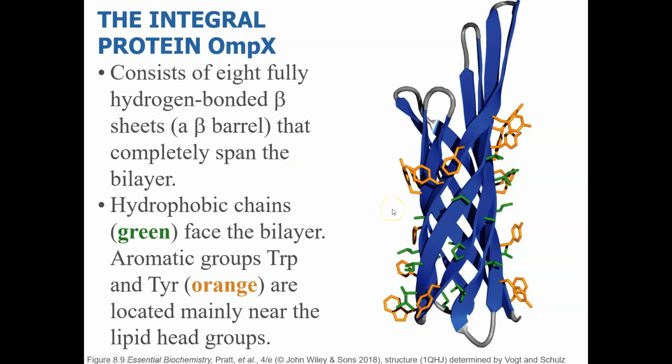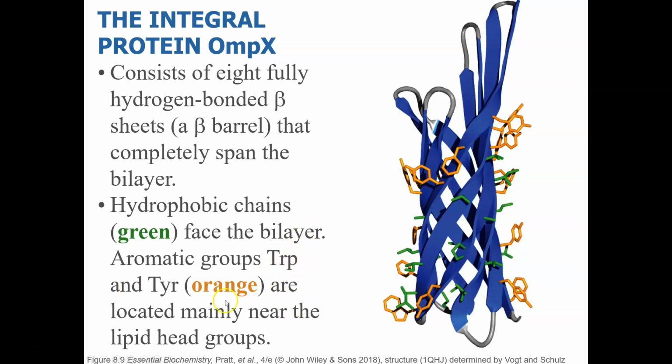These are hydrogen bonded beta sheets, so this forms a beta barrel, and that forms the structure of the transporter. And again, you can see that the hydrophobic chains, which are green, are facing the bilayer. Even without having the bilayer here, if you look at the orange, which are these aromatic groups, tryptophan and tyrosine, you can see that they're located mainly near the lipid head groups, because tryptophan and tyrosine have nonpolar portions as part of their amino acid side chain structure, but they have polar bits as well.